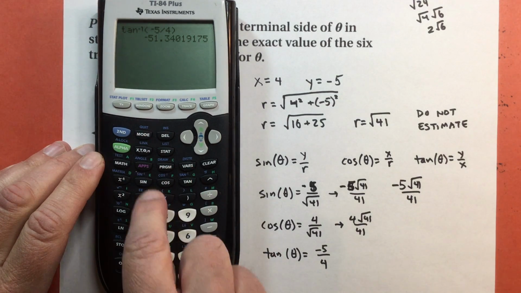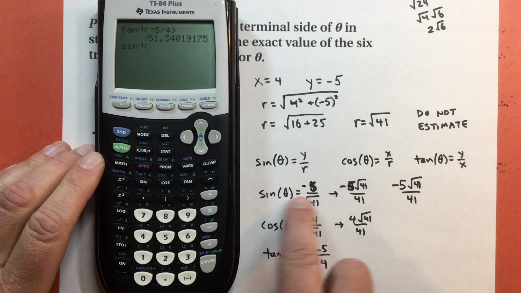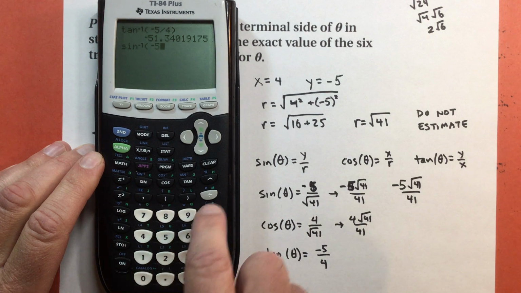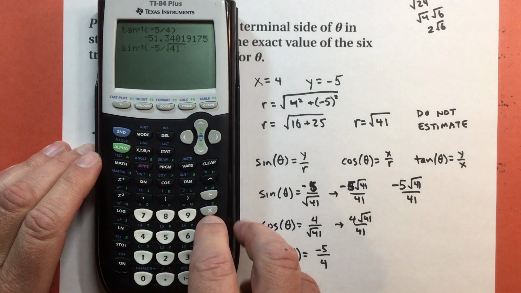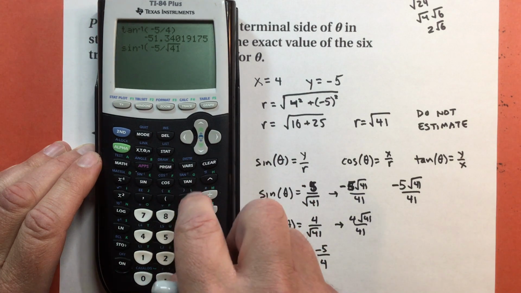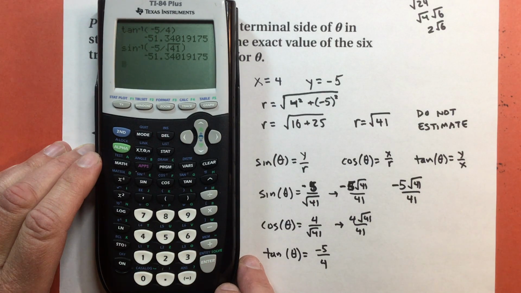And if I do inverse sine of negative 5 divided by square root of 41, I get the same thing.